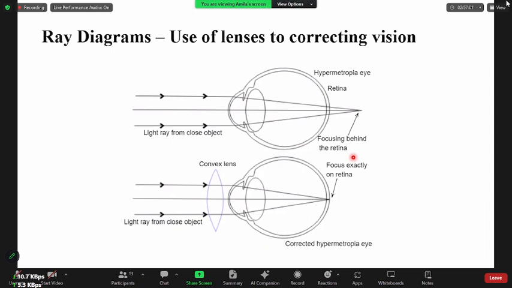So what are the two problems that can arise with vision? Some people can't see objects which are far away.